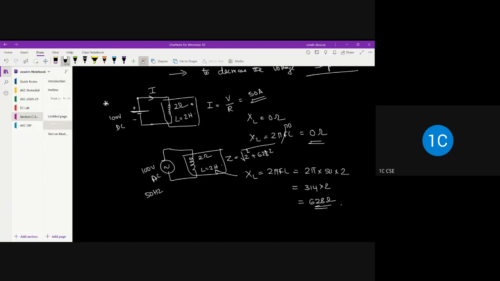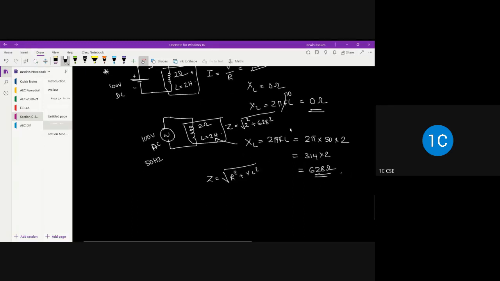How much will you get the impedance as? Roughly 628 ohm itself, because the resistance is very, very small.